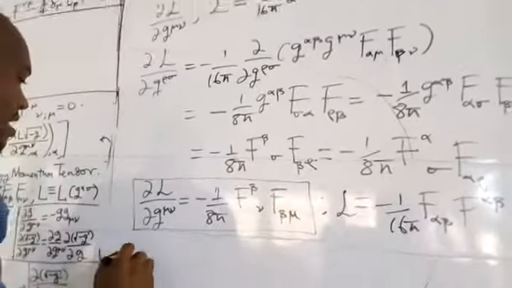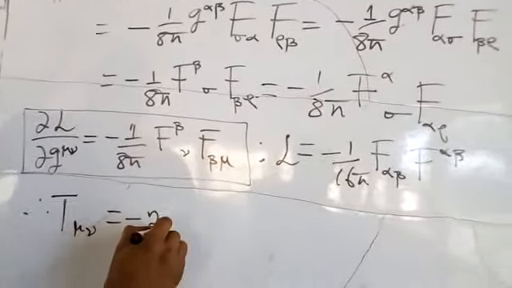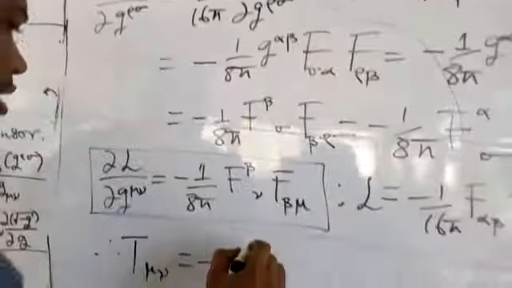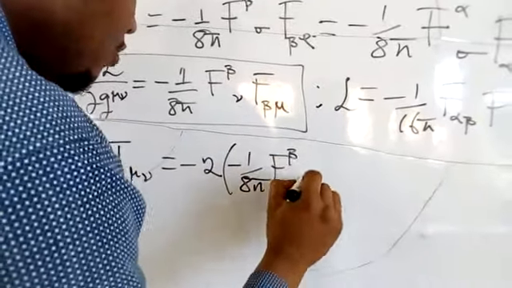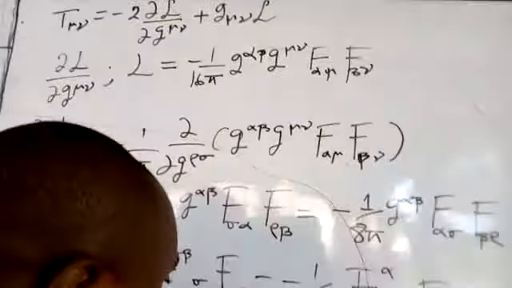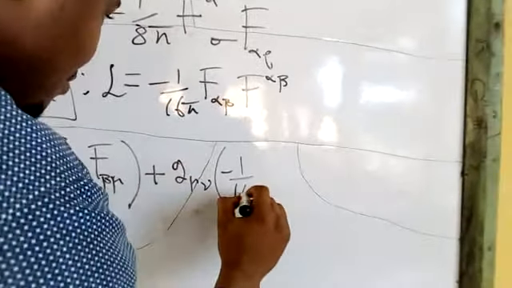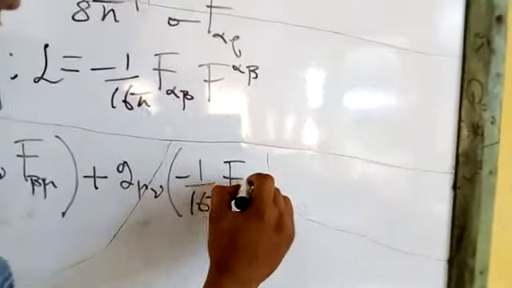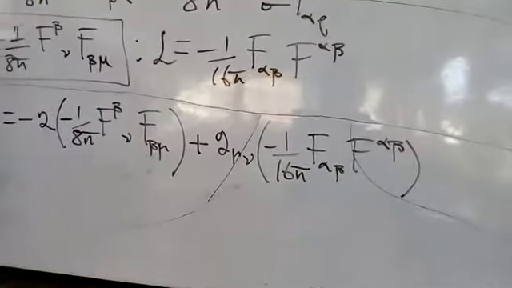So at this point, I say that my T mu nu is equal to minus 2 times what I have obtained for the derivative here. And now I have that to be minus 1 over 8 pi F beta nu, and here this is F beta mu. And then again, of course, I have here plus with me here g sub mu nu, but then in the bracket, minus 1 over 16 pi F alpha beta, F here, alpha beta.